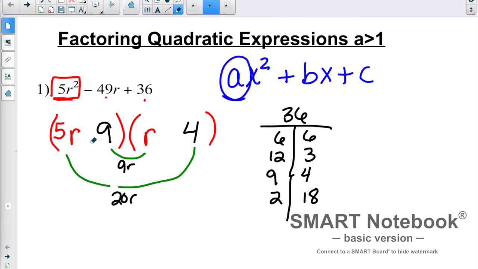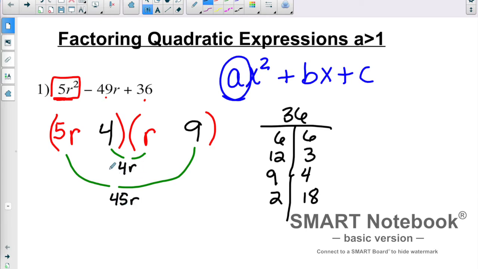However, I can swap these. So this time the order matters, because if I put the 4 here and the 9 there, it makes a completely different quadratic expression. Because on the middle I have 4r, and on the outside 9 times 5 is 45, so I have 45r.